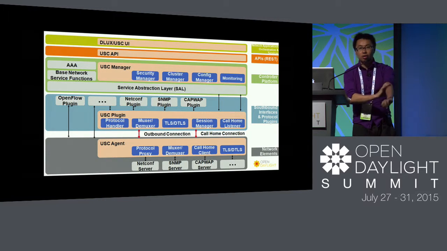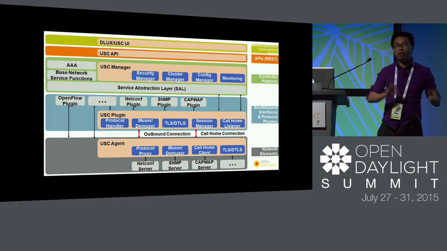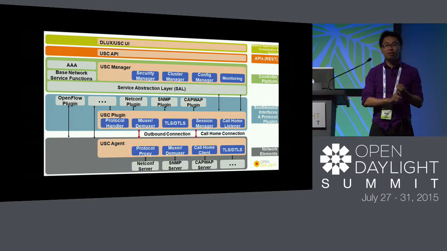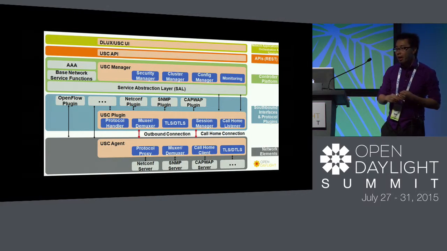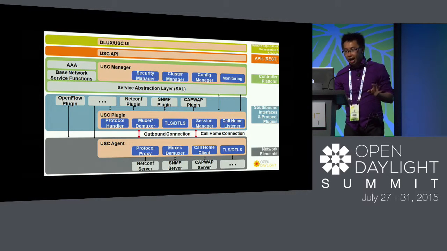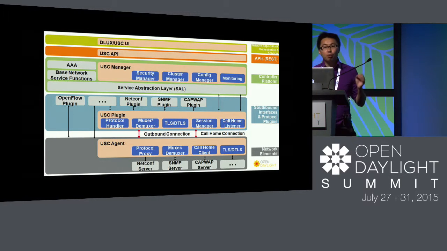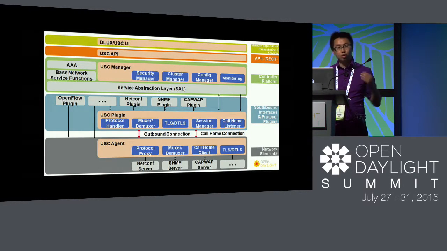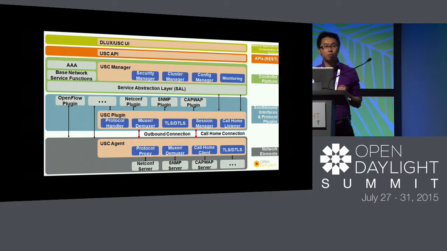The agent sits on the device. In Lithium, we have both a Java-based agent and a C-based agent. The USC agent basically acts as a protocol proxy between the controller and, say, the NetConf server, the SNMP server, the CapWeb server.